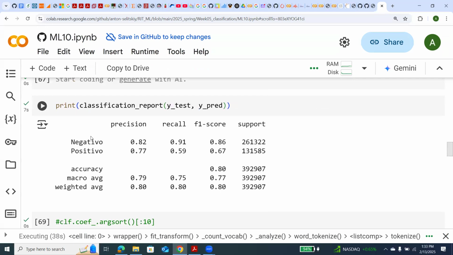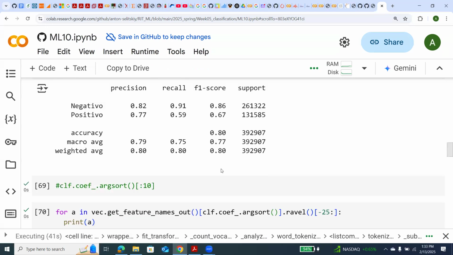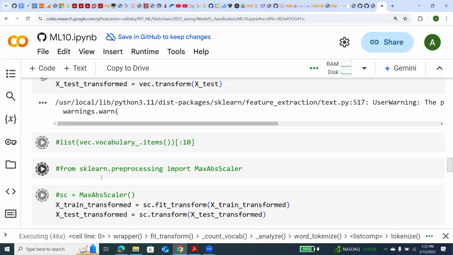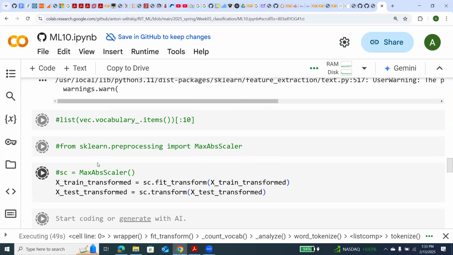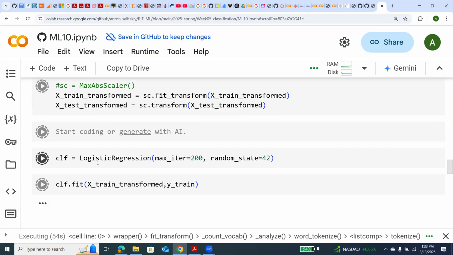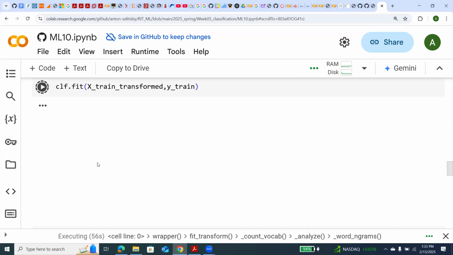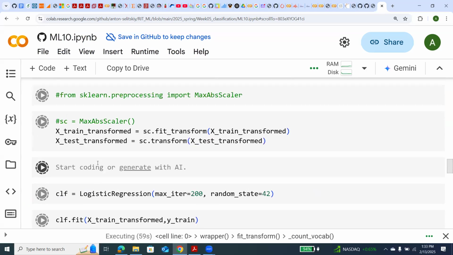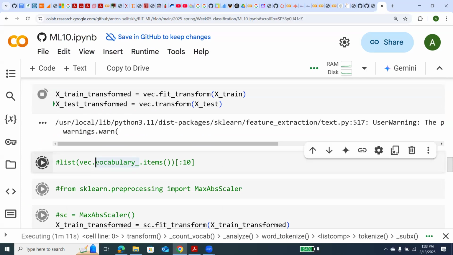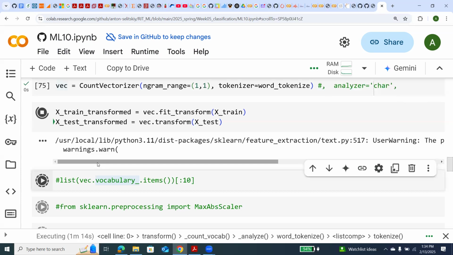So here the accuracy was 80%. When we keep punctuation, okay, it's still running. Yeah, the time-consuming part is to create a dictionary. So it's running this count vectorizer object.